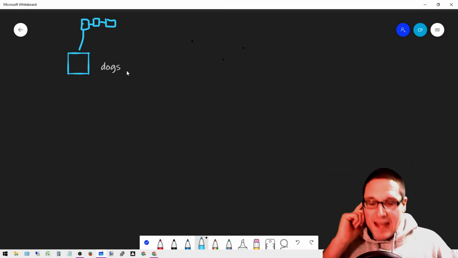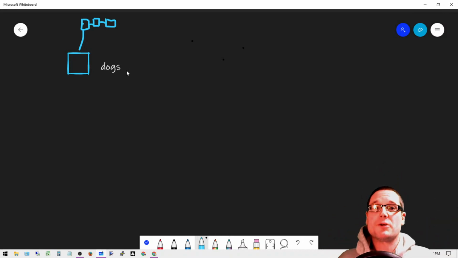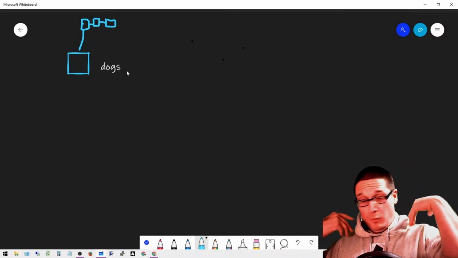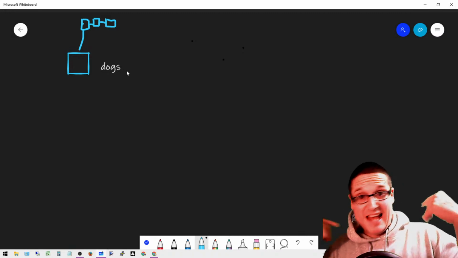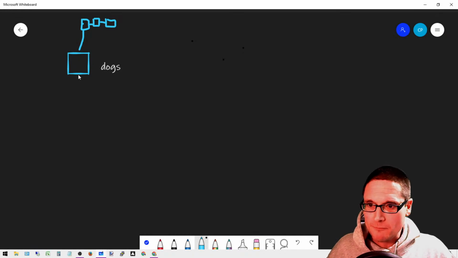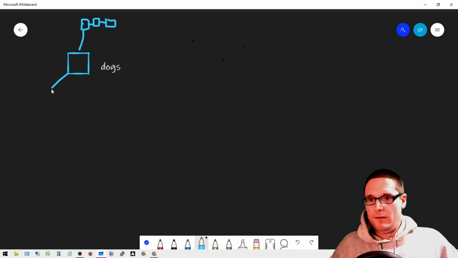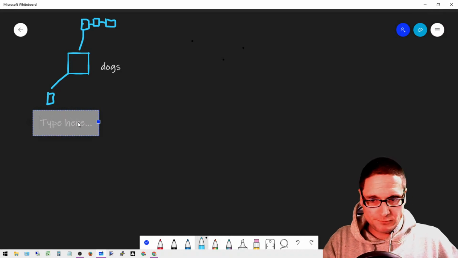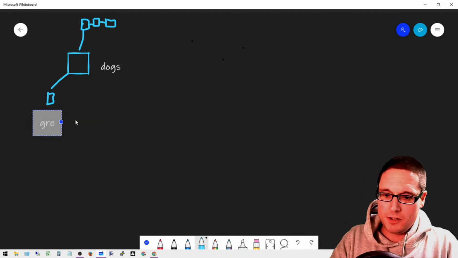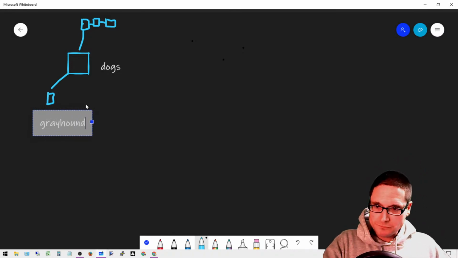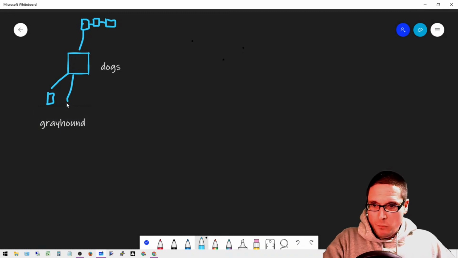Now, when we start talking about other types of dogs, our primary idea and our secondary ideas, we could talk about greyhounds, dachshunds, German shepherds, whatever the case is. This is when we would have our other types of dogs. This could be a greyhound, and this could be whatever other types of dogs.